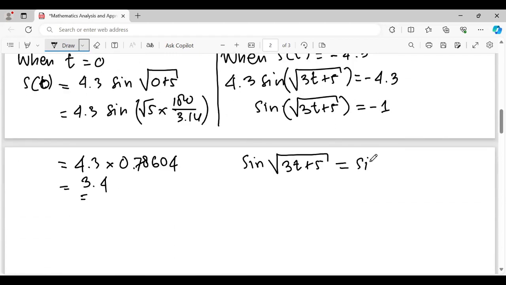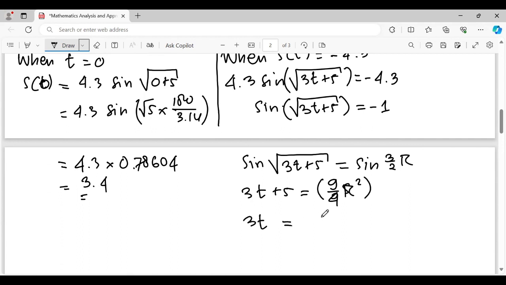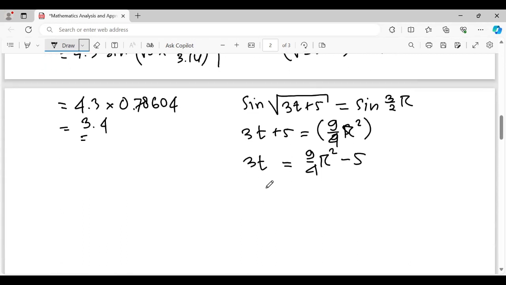It is sine 3/2 pi. So it means 3t plus 5 equals 9/4 pi squared. 3t equals 9/4 pi squared minus 5. So t equals 9/12 pi squared minus 5/3.